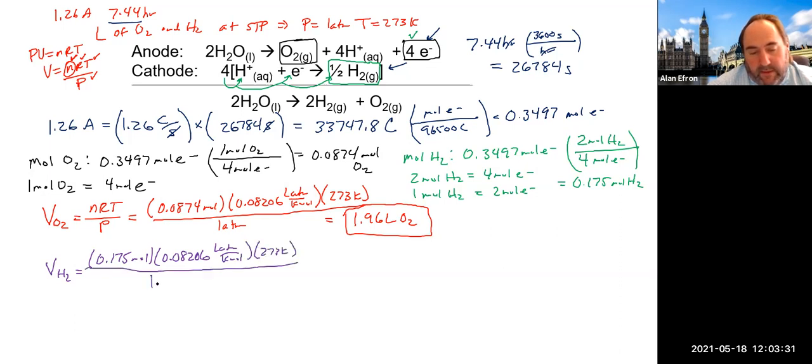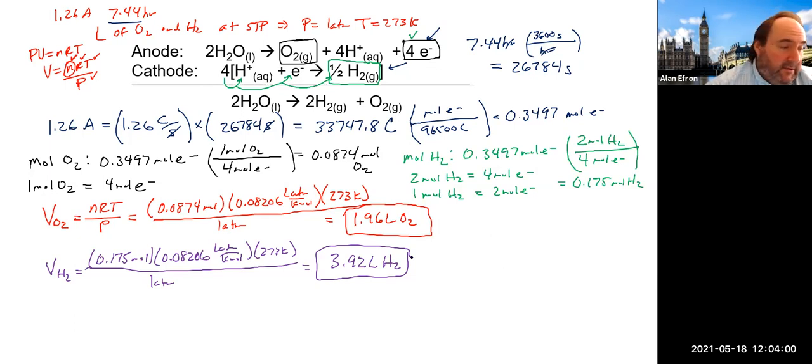All divided by 1 atmosphere. And that is going to get us 0.175 times 0.08206 times 273, gives us like a 3.92 liters of H2 in this case. First off, any questions on that?